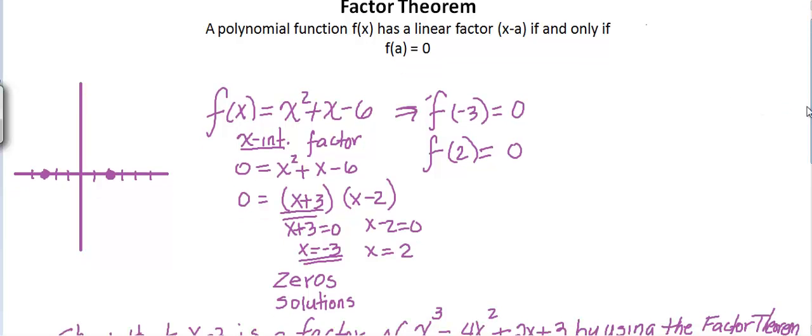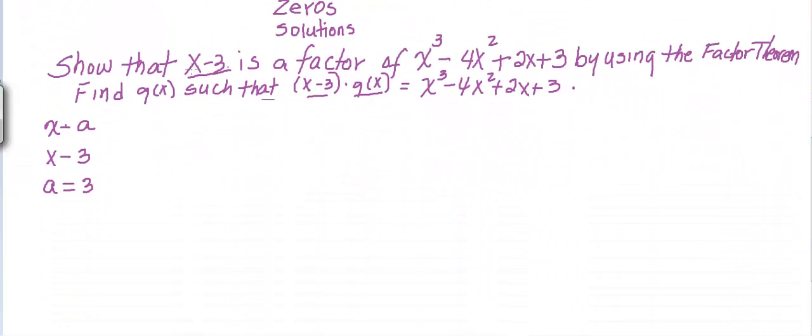Let's do that. Remember, you might be tempted here to do synthetic division and see what your remainder is in order to say if this is a factor or not. But since we already learned a new way of doing that, we can just go ahead and evaluate f of 3, because in the theorem it says f of a has to be equal to 0. So we're going to check that.